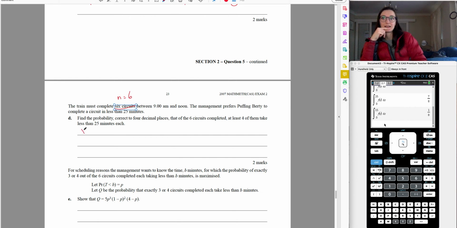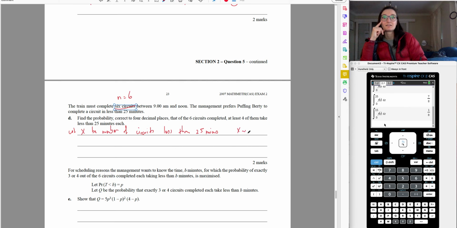So we're going to say, let x be the number of circuits less than 25 minutes.